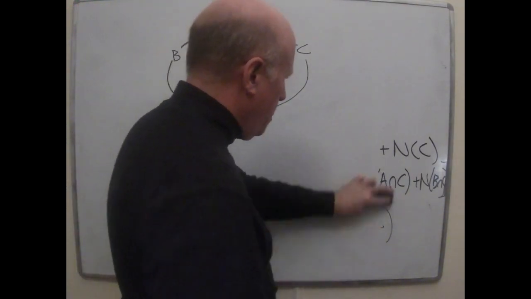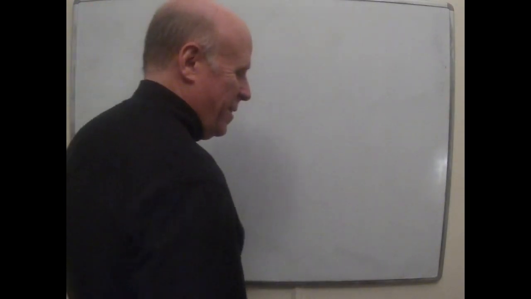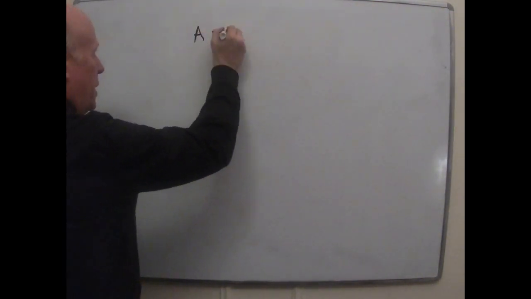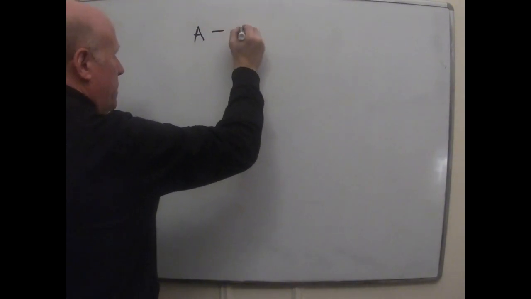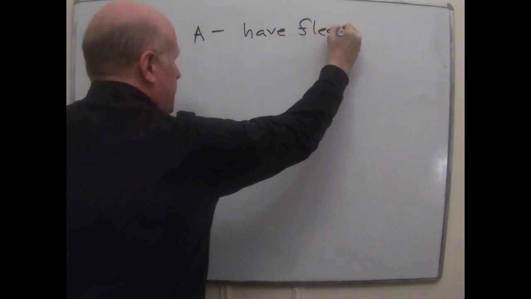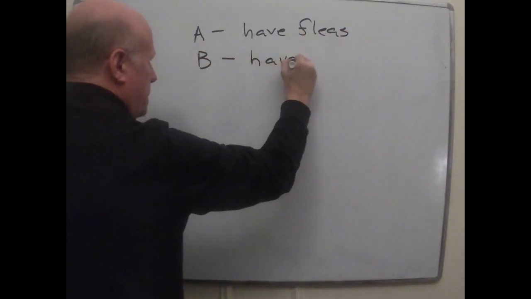I'm going to return to the dog pound here, and we're going to work out the total number of dogs this time, the total number of dogs with some issue involved. So A is going to be, they have fleas again. B is going to be, they have the mange again.